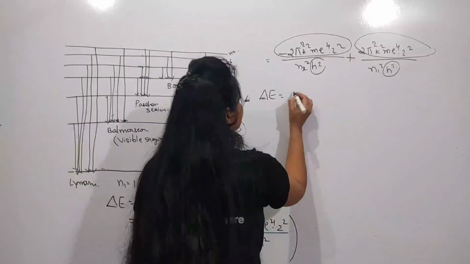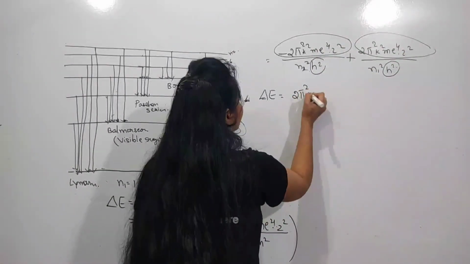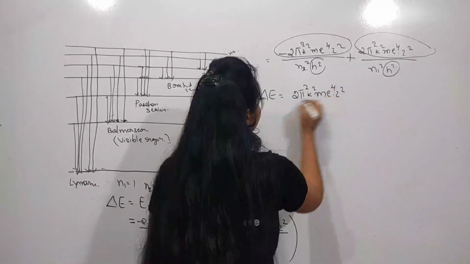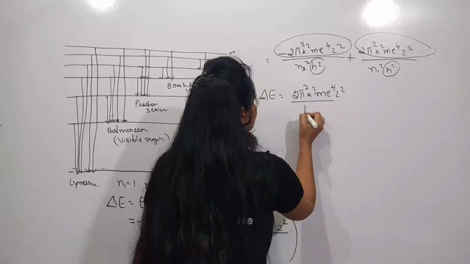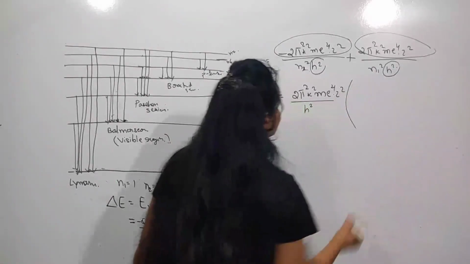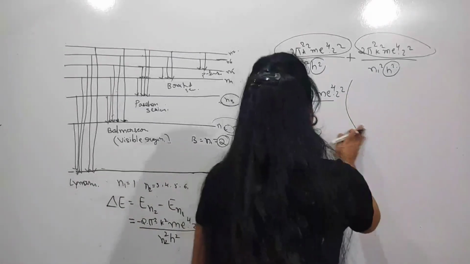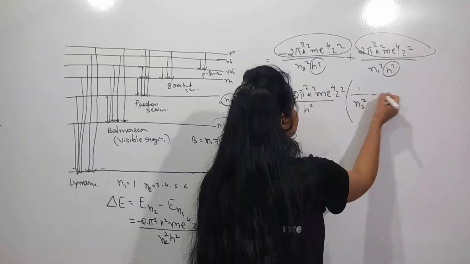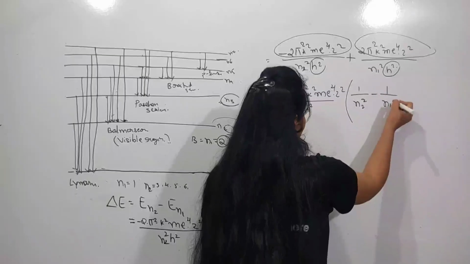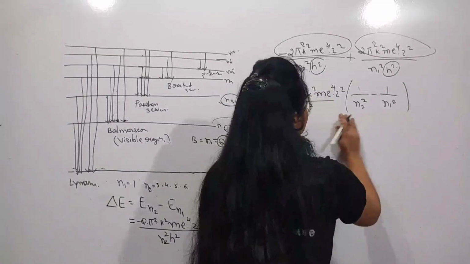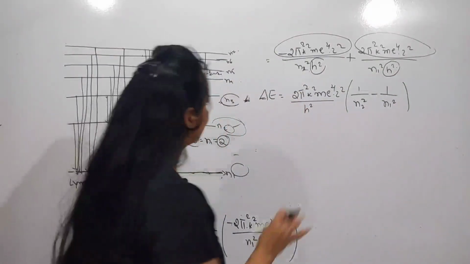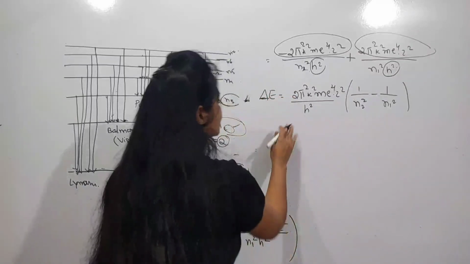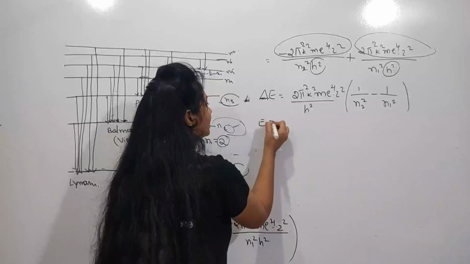Then what happened here? 2 pi square k square m e raised to 4 into z square divided by h square. Then what will be the remaining term? I mention here 1 by n2 square minus 1 by n1 square. That's it? Clear? Okay.